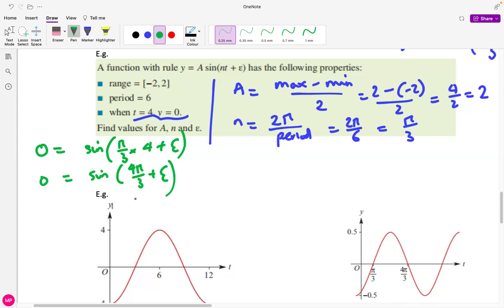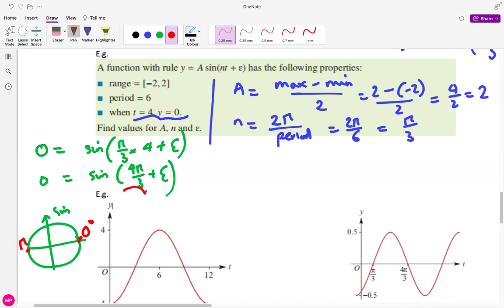The angle that has sine equal 0, on the unit circle, sine is the y-axis, is either 0 degrees or 180 degrees. So we can do either 0 or pi.